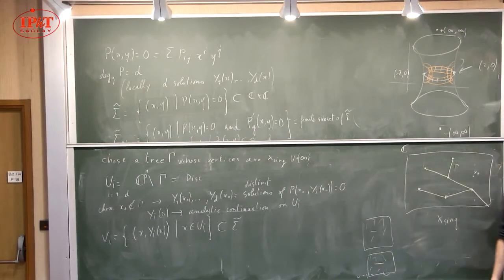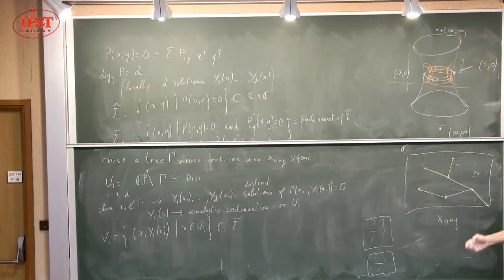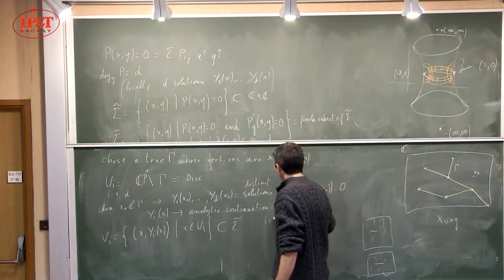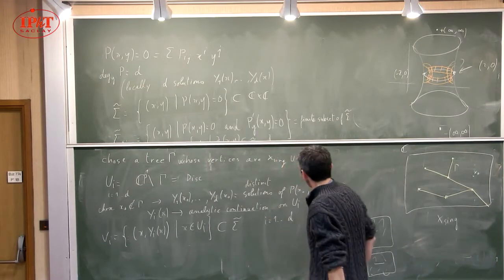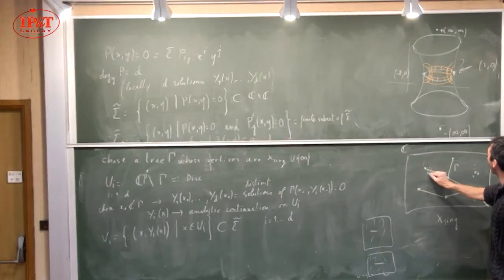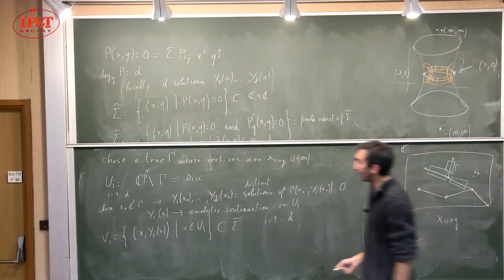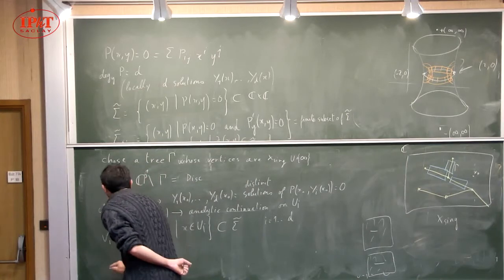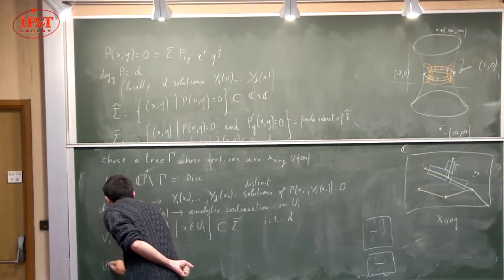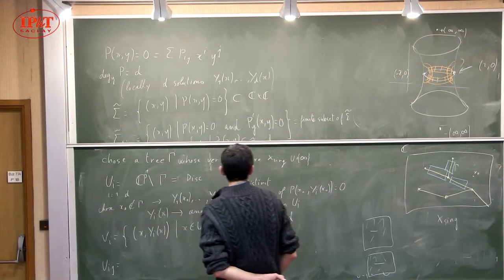That was the upper part of that surface and the lower part of that surface, but now I have more of them with i equals 1 to d. Now I need to also define some charts that will cover the edges. That's quite easy to do. You shall take U_ij equals 1.